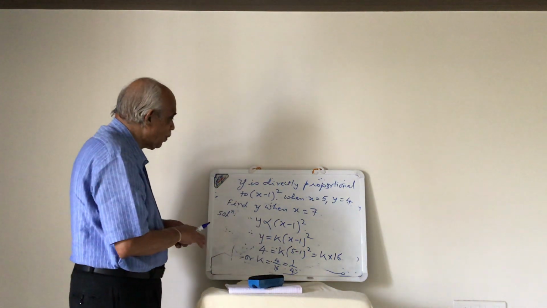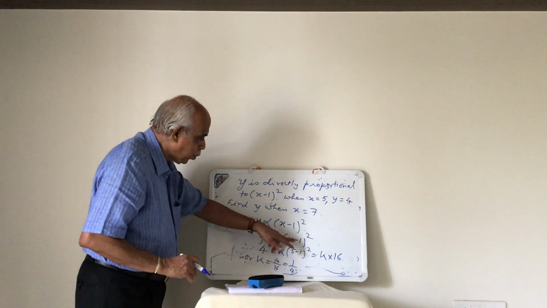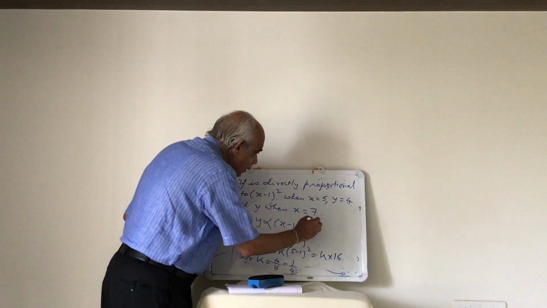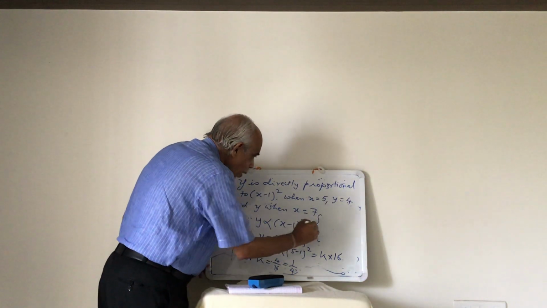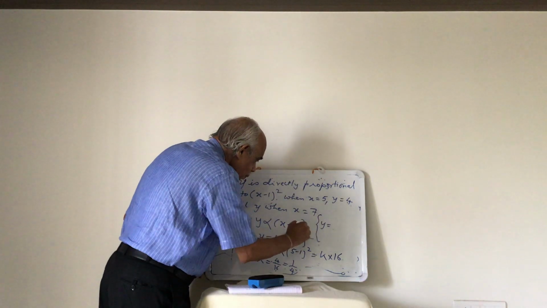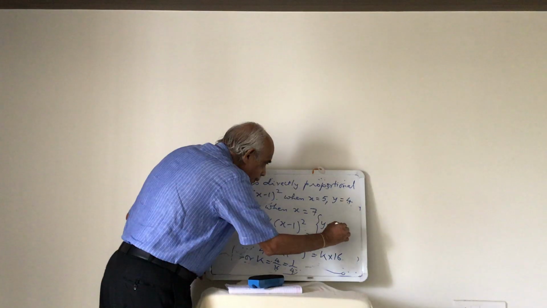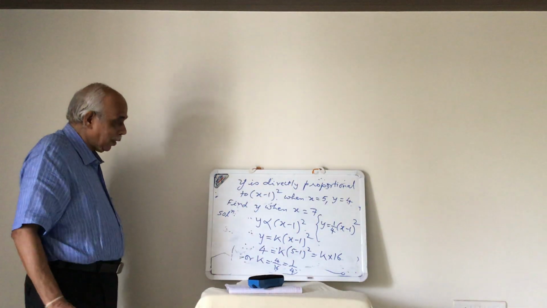So your actual equation will become y equal to 1 upon 4 into x minus 1 whole square. So this is your final equation, because we have found the value of k.